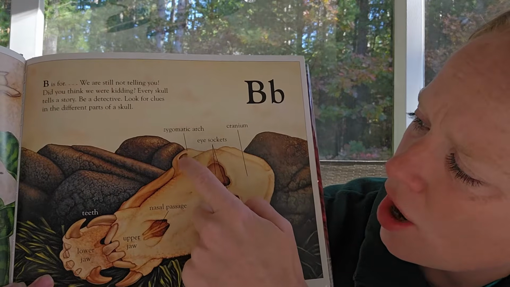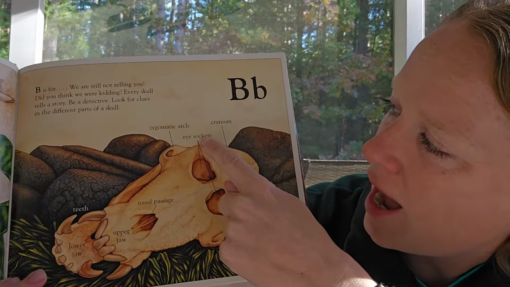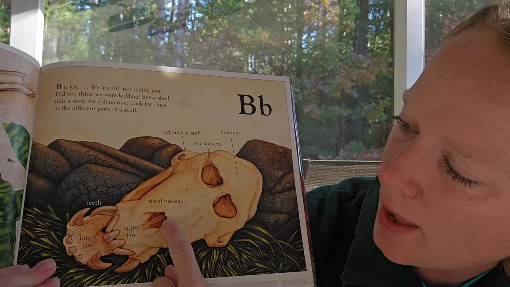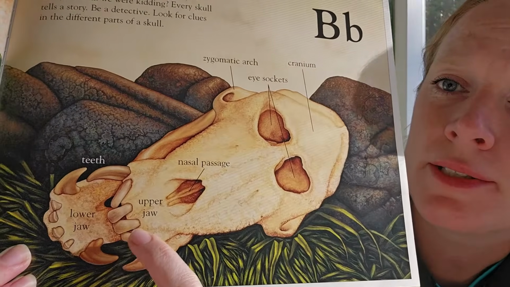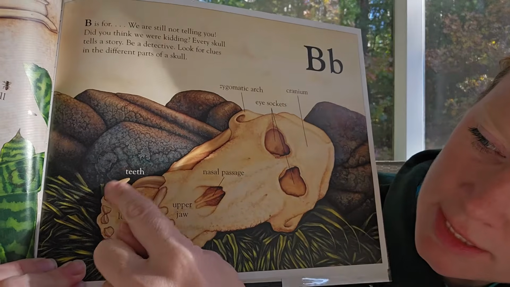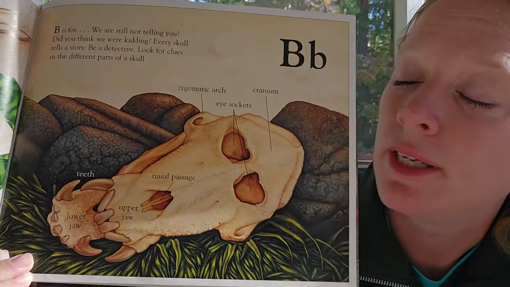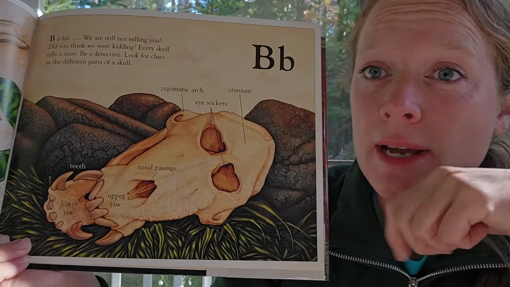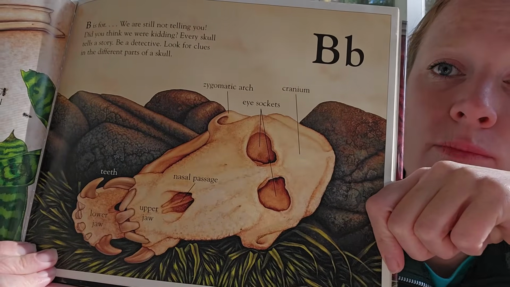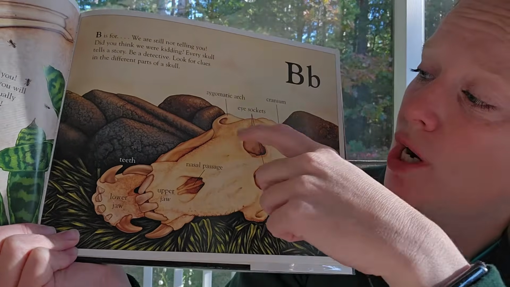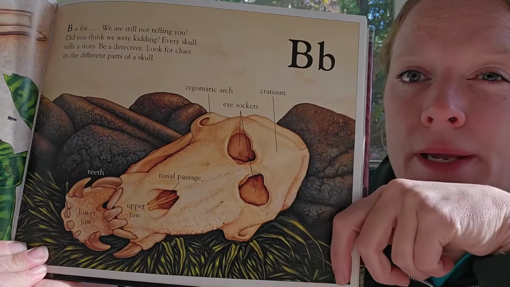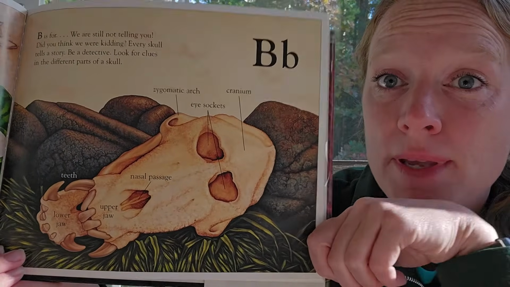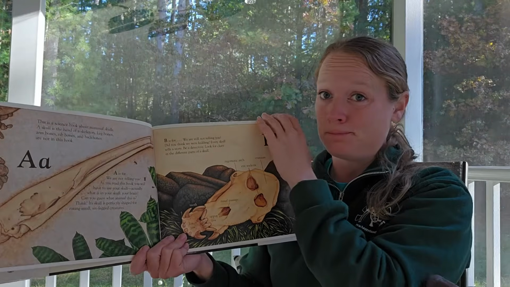The zygomatic arch, eye sockets, cranium, nasal passage, upper jaw, so take a look at the teeth, and the lower jaw. And the zygomatic arch is where part of our jaw muscles attach. So this animal may have very powerful jaws because it's got a pretty big zygomatic arch. So what animal, pretty big, starts with letter B?